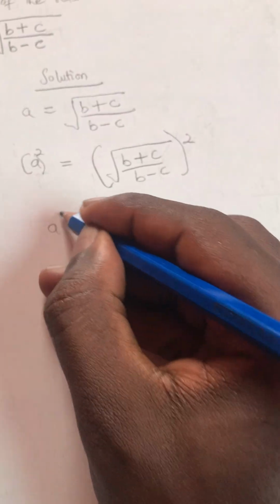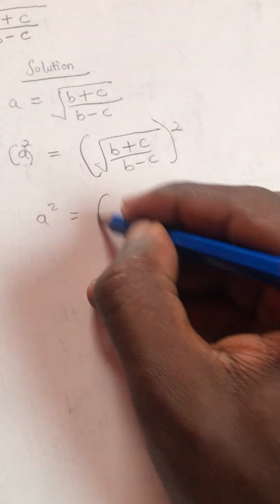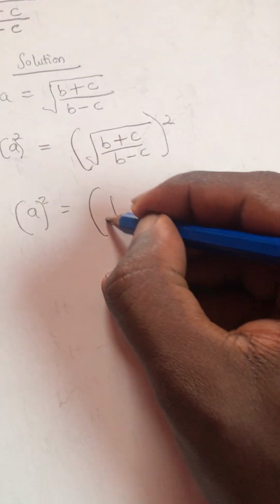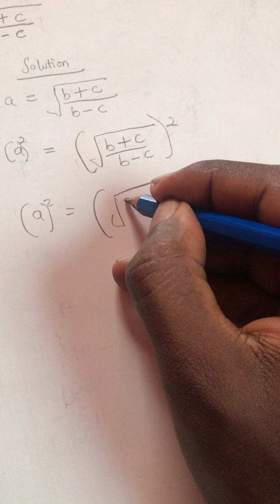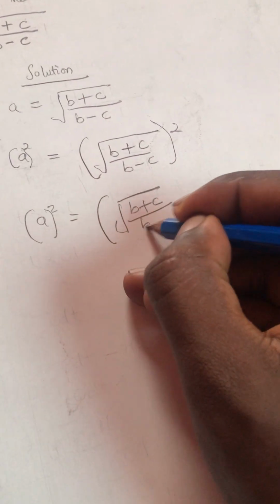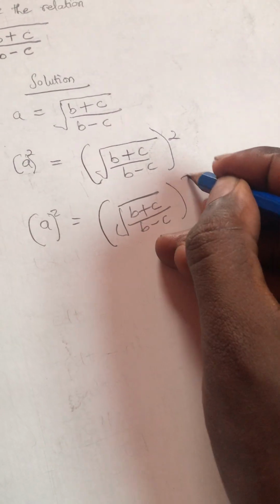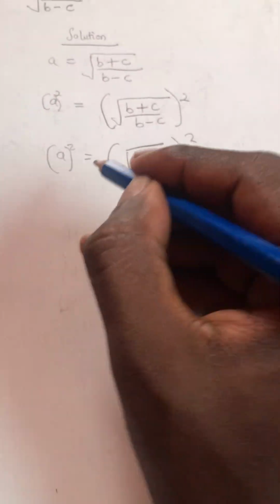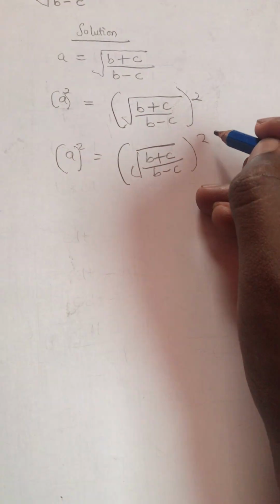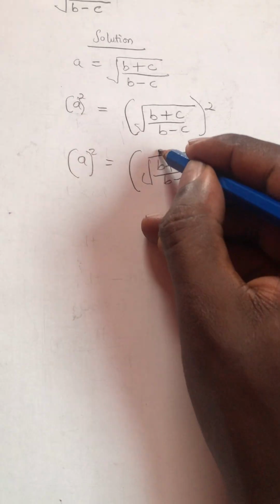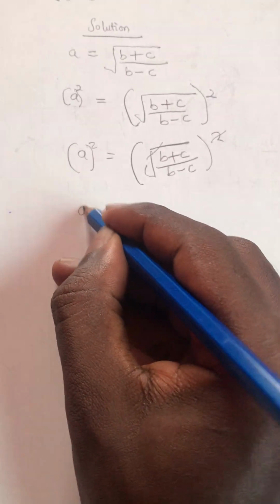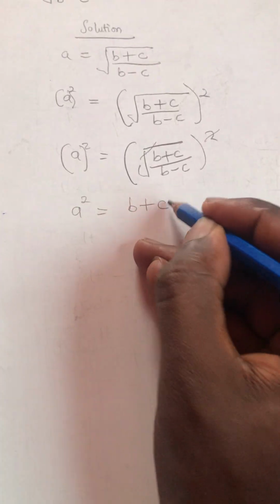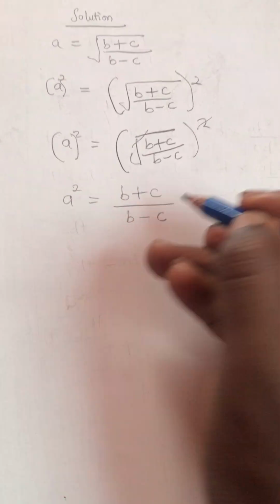So we are going to have a squared is equal to the square root of the fraction b plus c over b minus c, squared. We have to do some cancellation. This square will cancel the square root. So we are going to have a squared equals the fraction b plus c over b minus c.